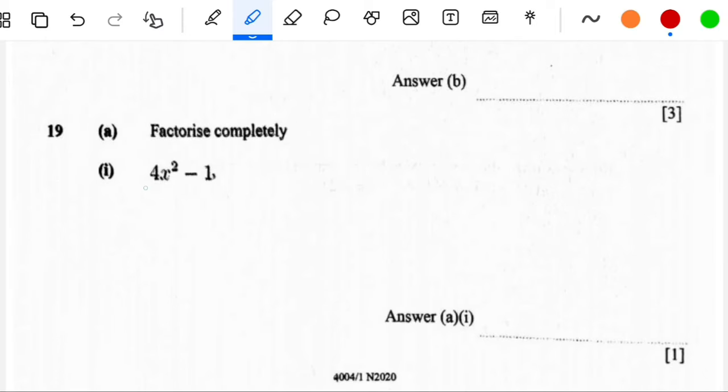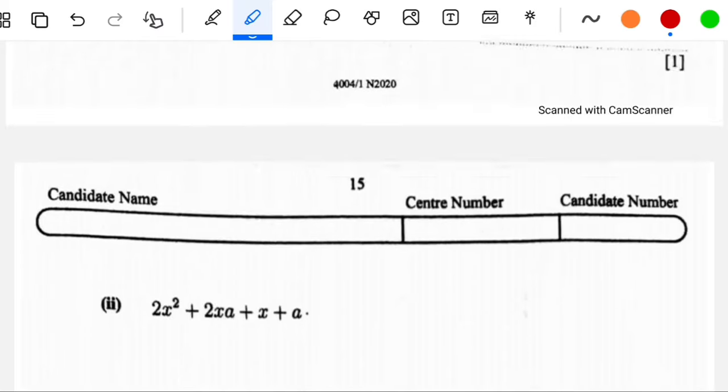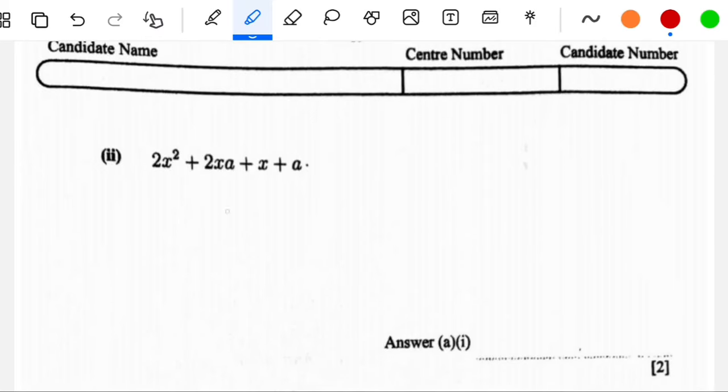Then number 19a, factorize completely. So this is difference of 2 squares, and it's going to be 2x plus 1, 2x minus 1. So this is the answer there. The next one, I'm given this one. I need to factorize that one.